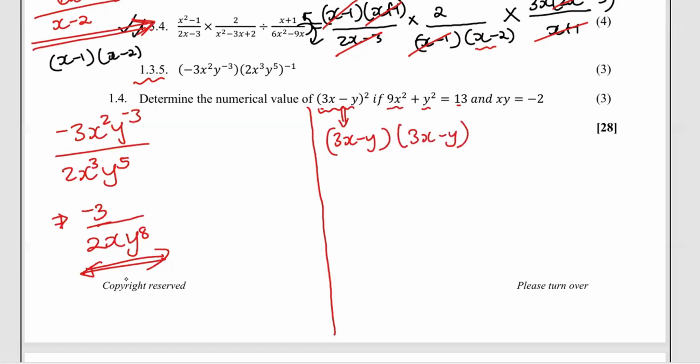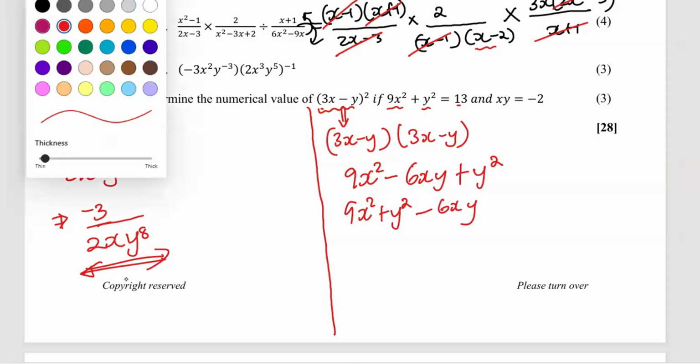When you open it up, you're going to have 9x squared minus 3xy and 3xy, which is 6xy, and then plus y squared. Now let me separate this according to what we were given, okay? So I'll have the 9x squared plus y squared minus 6xy.